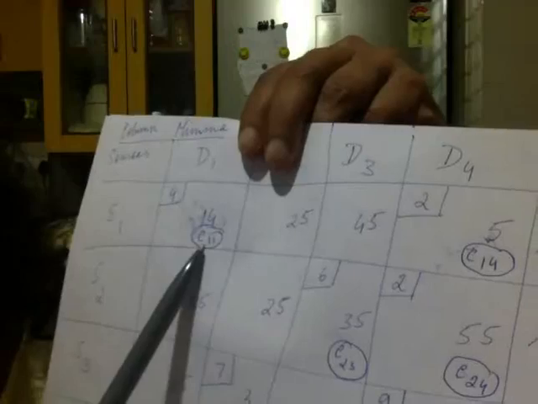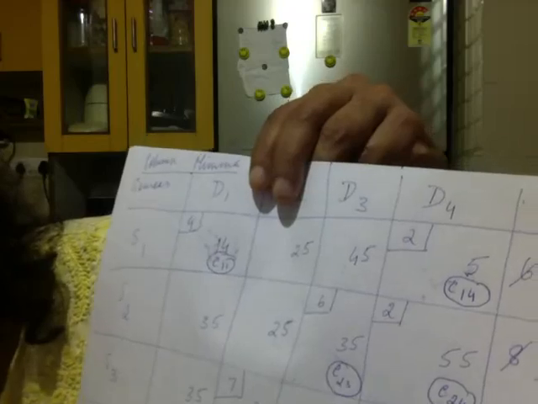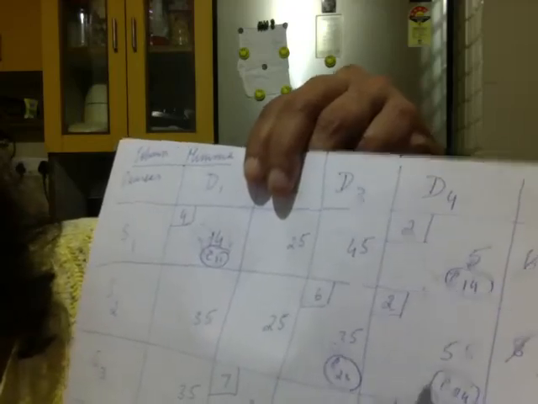If you wish, you write like this. For all the occupied cells, before you do the test of optimality, you write the numbers. It will make it very simple and easy. This would be C11 naturally. This would be C14. This would be C23. This would be C24. Correct?